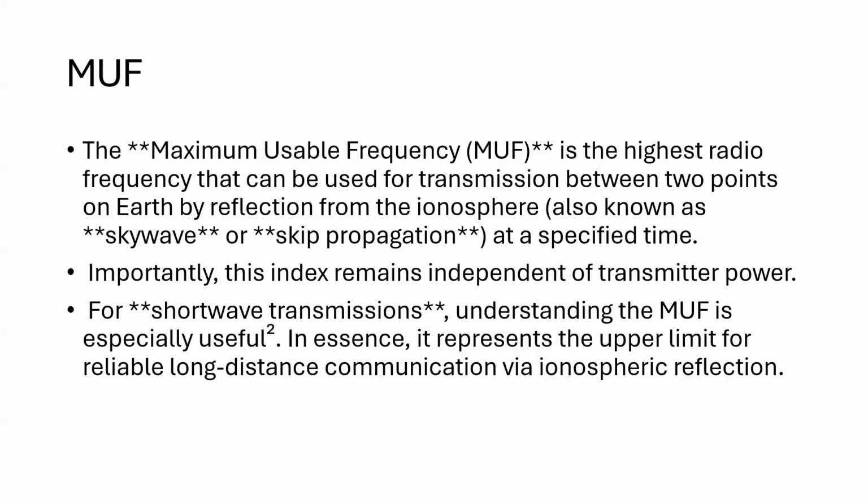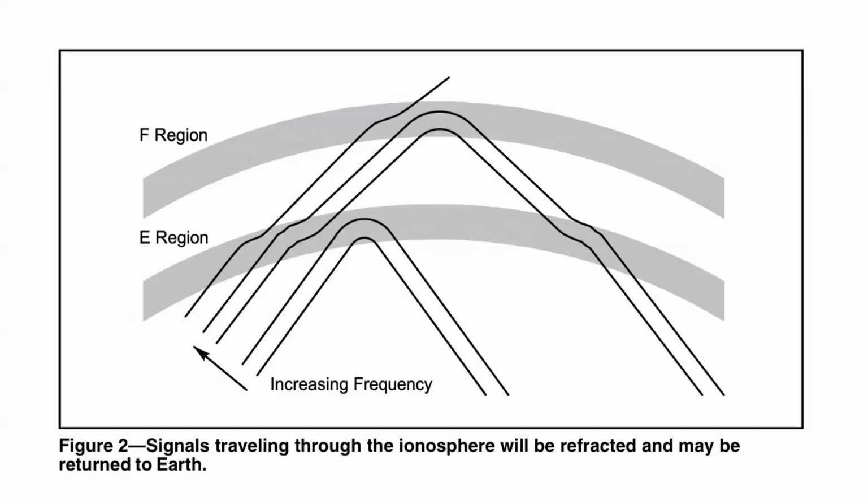And if I go back to the diagram, the way these signals bounce off the ionosphere, they may bounce over stations that are close by, maybe in your state or the state next door. You may not be able to work them on this skywave propagation. And that region where you can't work them is called, let's see, it's called the skip zone.